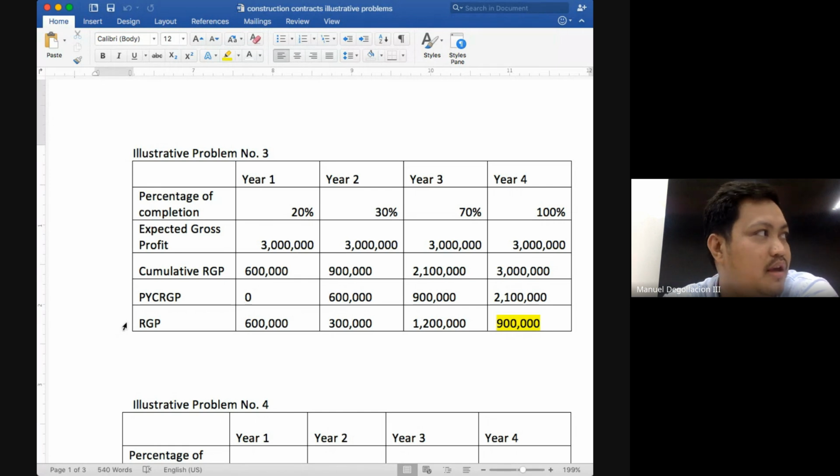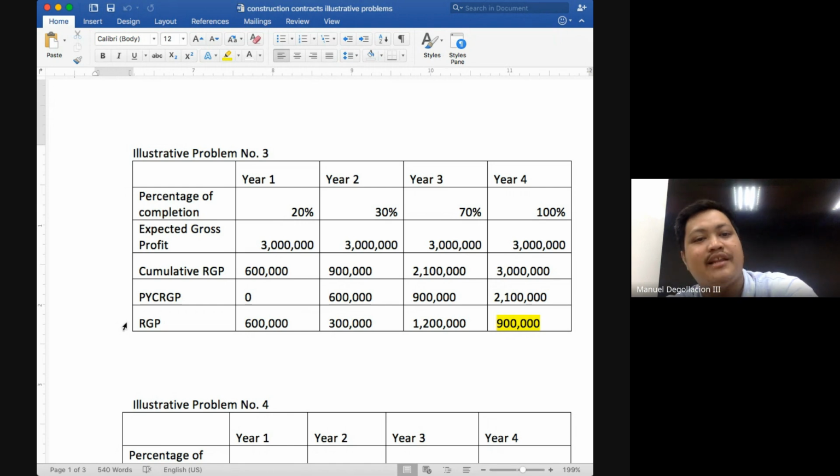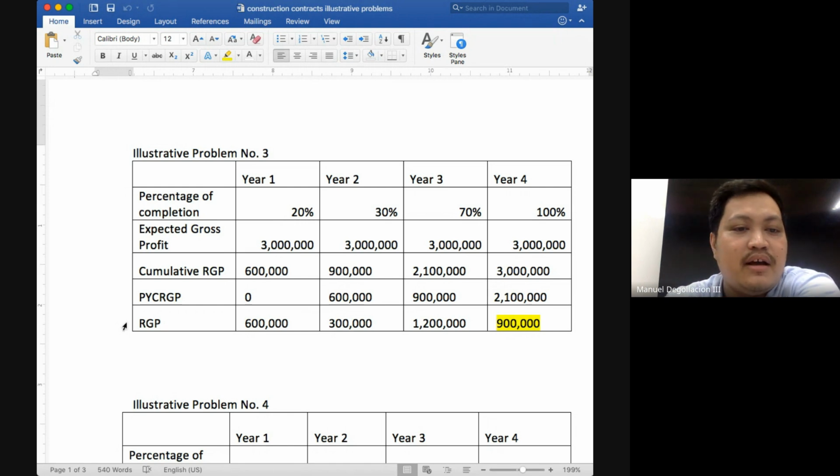Okay, so this should not be difficult anymore. So year 1, percentage of completion 20% multiplied with 3 million, you will have cumulative RGP of 600,000. Previous year's cumulative RGP would be 0 since this is the first year. RGP for year 1 would be 600,000. And that's 1 point already.